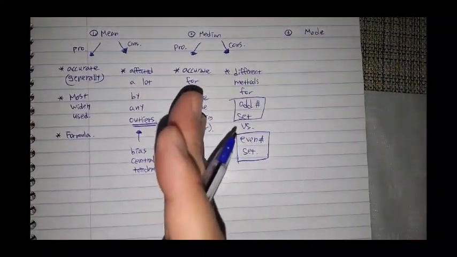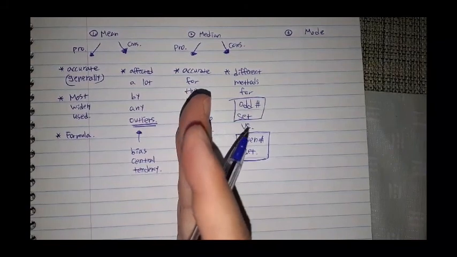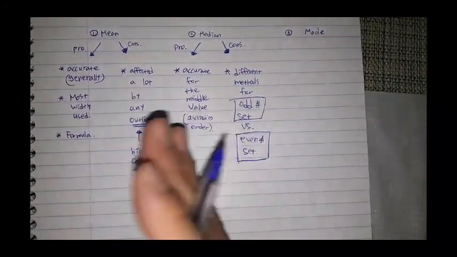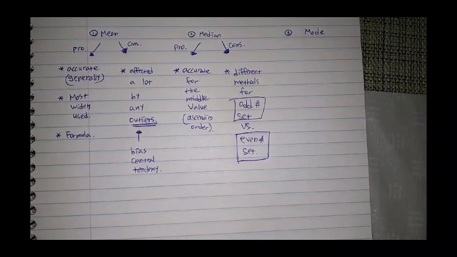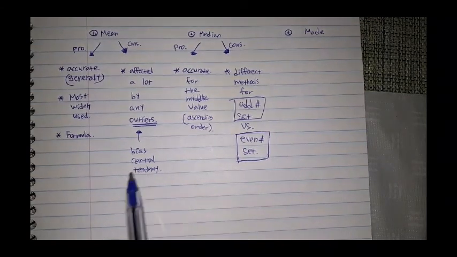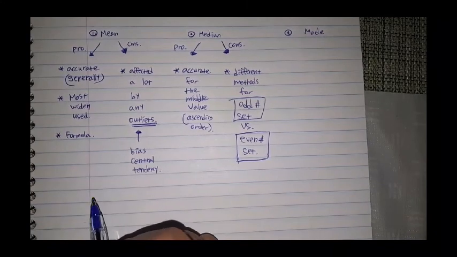Then you don't actually have a middle number. The third and fourth are your middle, so you need to find the average value of those 2 middle values. So that can be a con. However, median is not affected by outliers as much as the mean value.